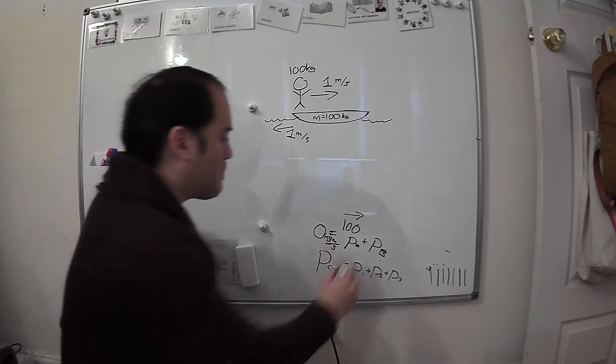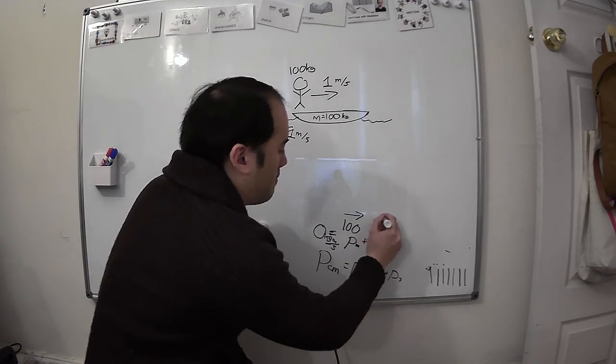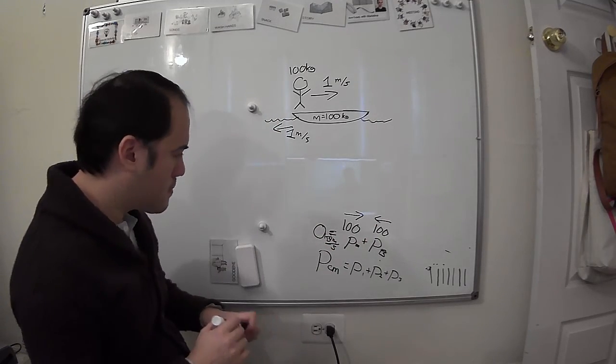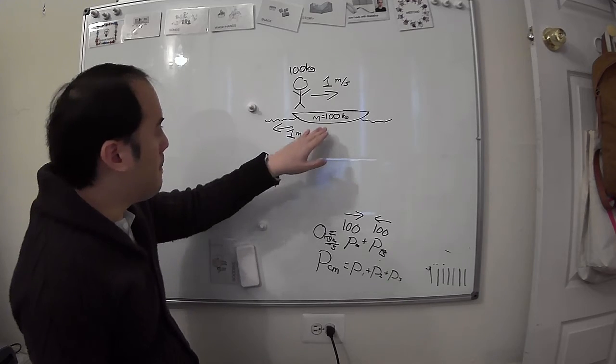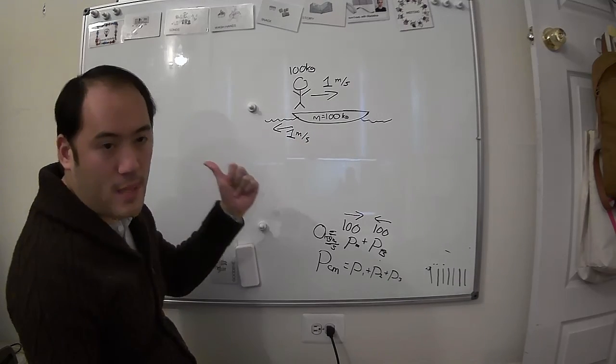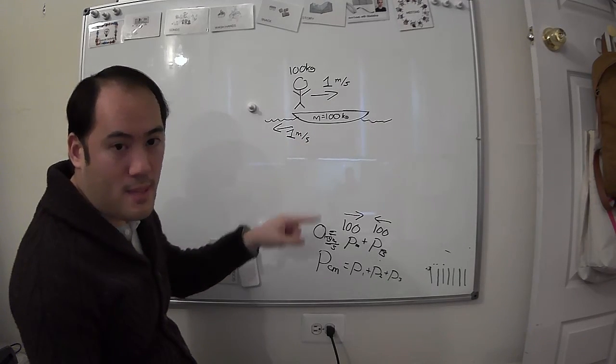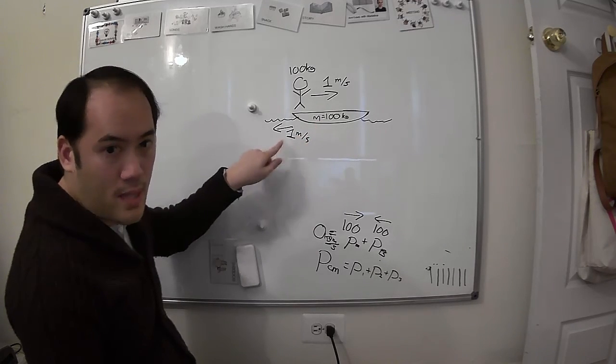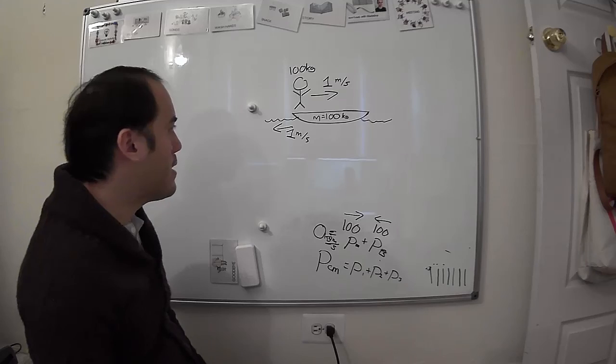That something must be 100 to the left. And of course, they're all kilogram meters per second because they're momentums. So I know that the boat's left momentum must be equal to the man's right momentum, so the total is still 0. If I know the momentum of the boat, I can find the speed from basic math.